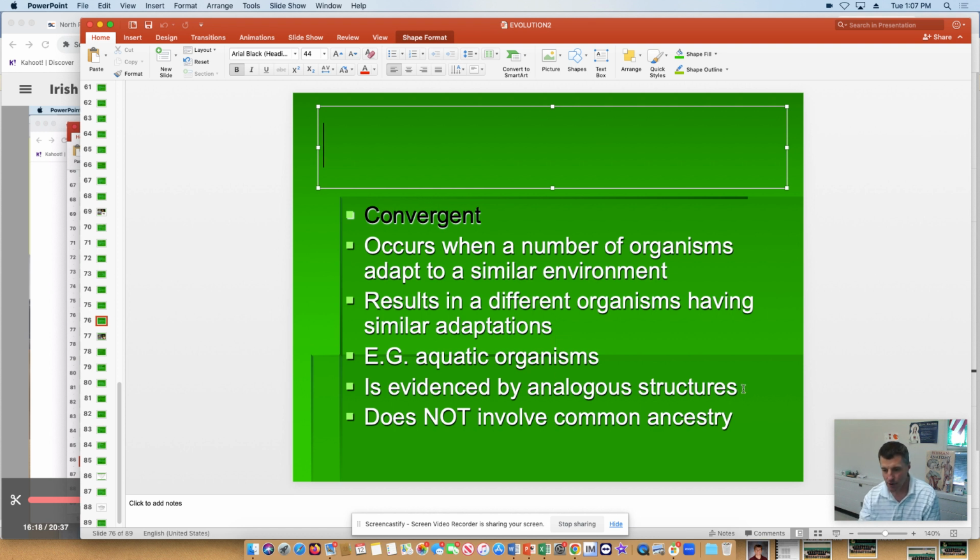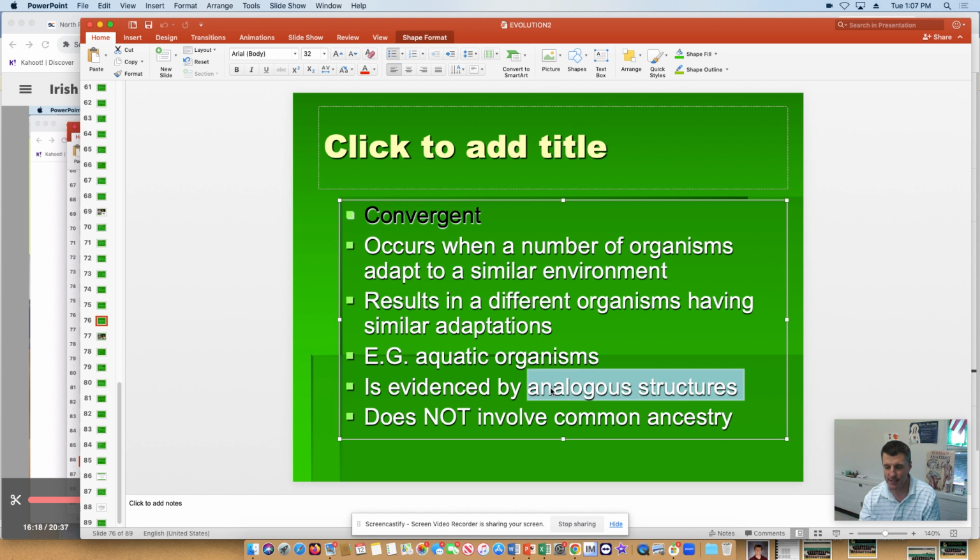And here, the thing to highlight or circle is analogous. Analogous means they're using them for the same thing, but they're in no way similar in structure or origin. And also, it does not involve common ancestry. Okay?